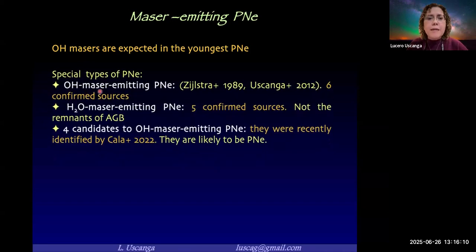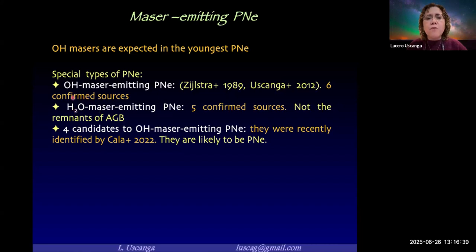There is a group of planetary nebulae that present OH masers that was studied back in 1989 by Zijlstra and collaborators. Several years ago, we made an updated list of these sources, considering only those that present radio continuum emission and OH maser emission in interferometric observations, and we reduced the list to only six sources.